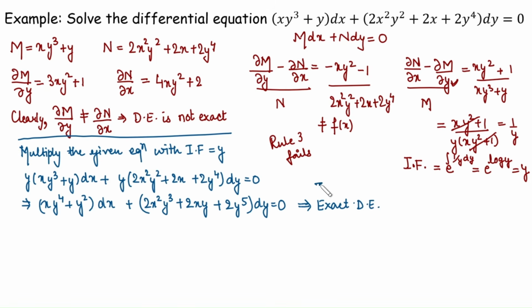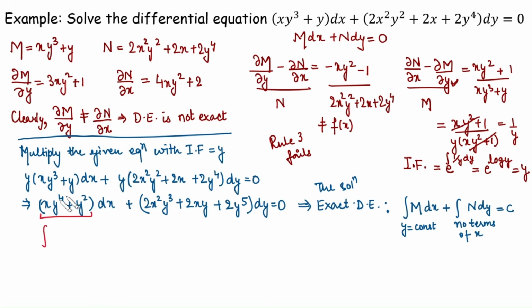The solution of an exact differential equation is written as integration of m with respect to x keeping y as a constant, plus integration of n with respect to y but only the terms without x, is equal to constant. Apply this formula, and according to this, the value of m is this.